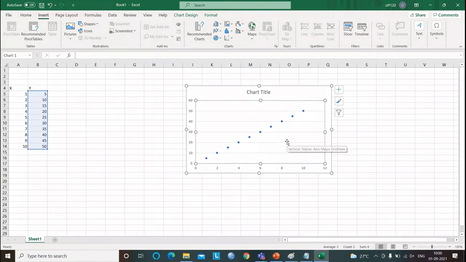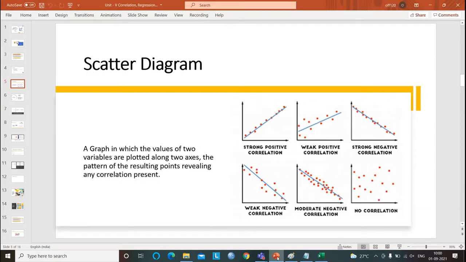Now, based on this diagram, how do we come to a conclusion whether it is positively related or negatively related? These are the combinations from which we draw a conclusion using the scatter diagram. If the points are continuously increasing, almost on a straight line, then it is said to be strongly positively correlated.